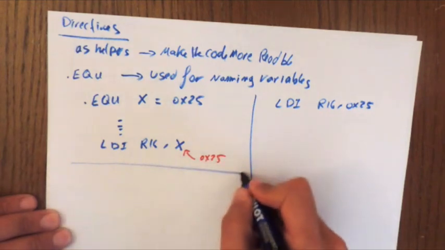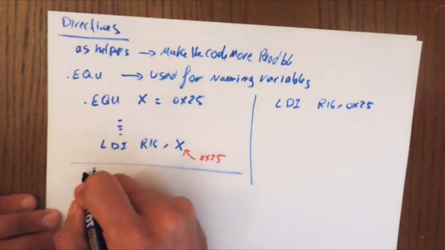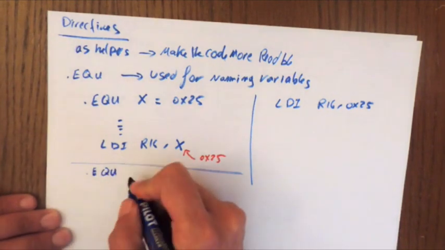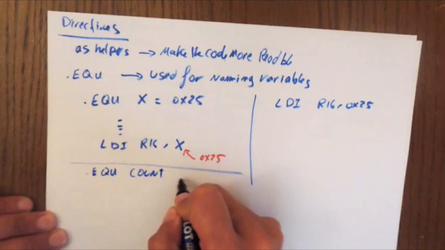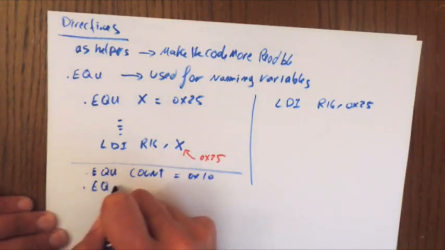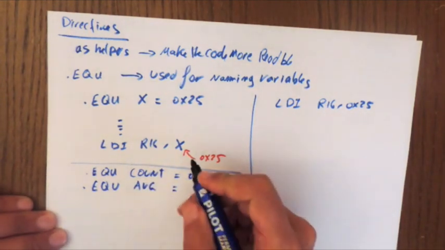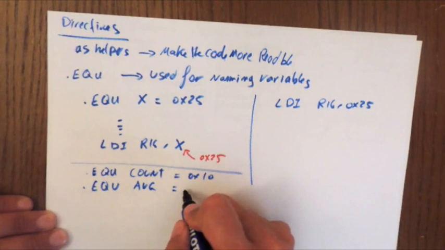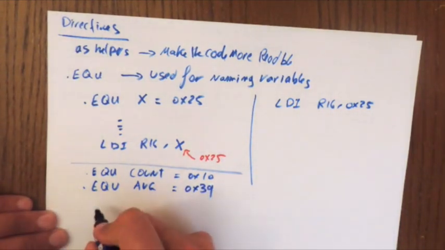For example, I can do something like .equ count = 0x10, my average, let's say, 0x39, and now we can use them freely with LDIs.